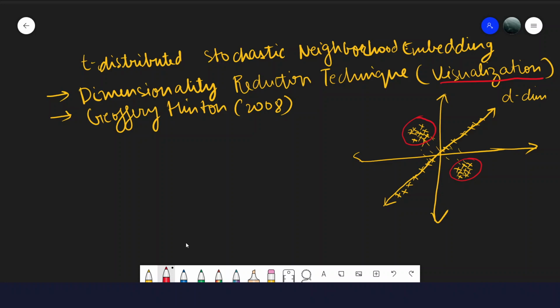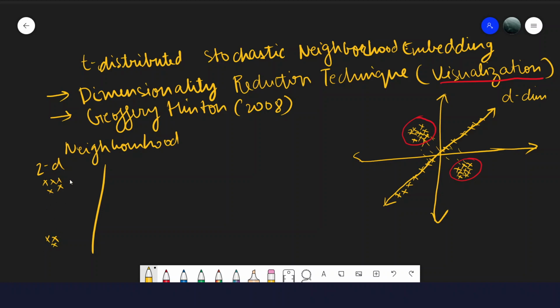To overcome this problem of PCA, we use t-SNE, which is t-distributed stochastic neighborhood embedding. Now I'll explain what the terms neighborhood and embedding mean. Let's say that I have a 2D data set and I have these 5 points here and these 3 points here.